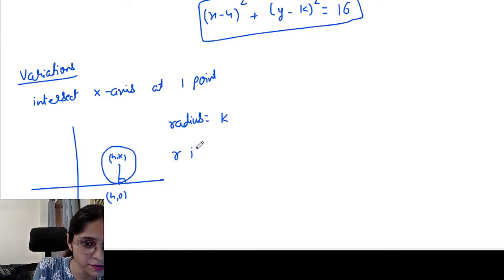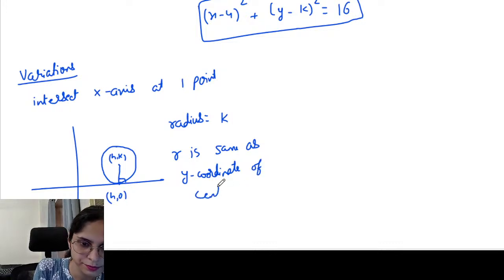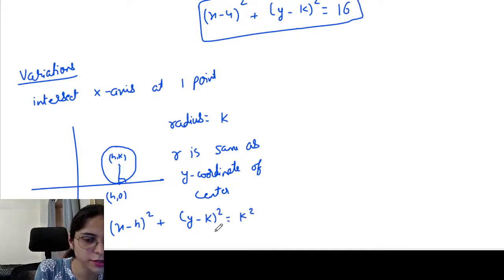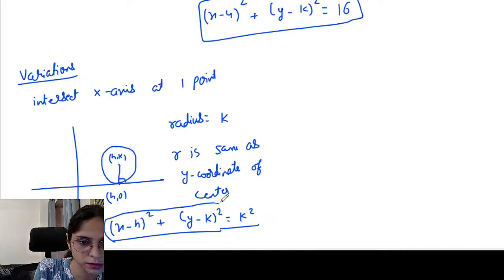That means r is same as y coordinate of center. So this equation will be x minus h whole squared plus y minus k whole squared equals k squared, because your radius is also k. Got it? They can also ask about this.